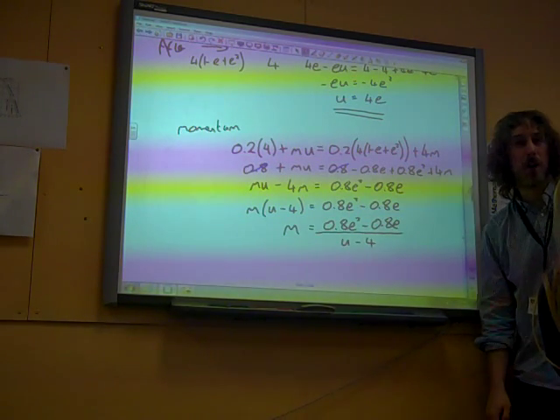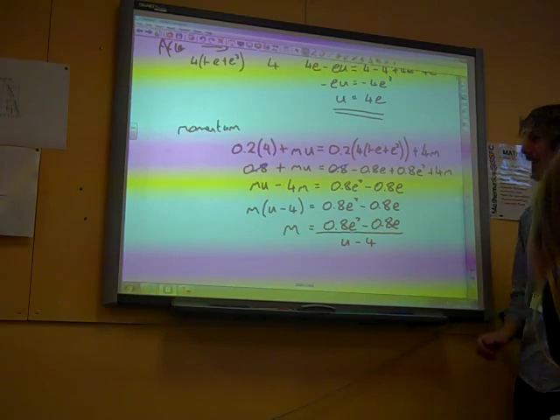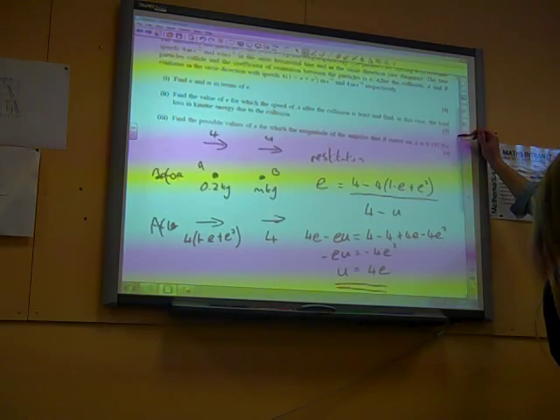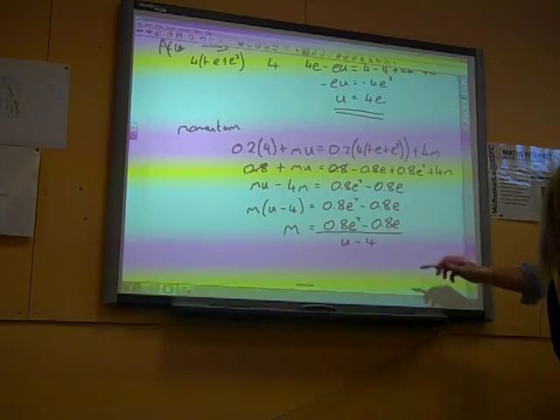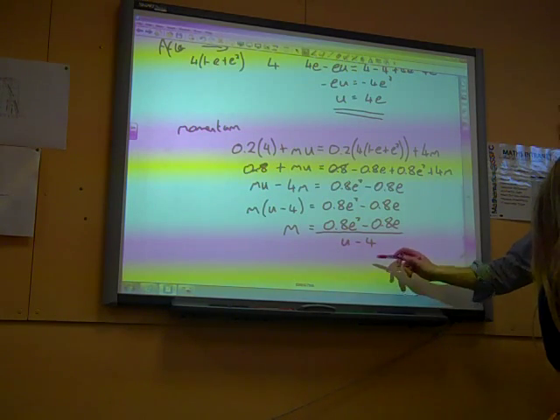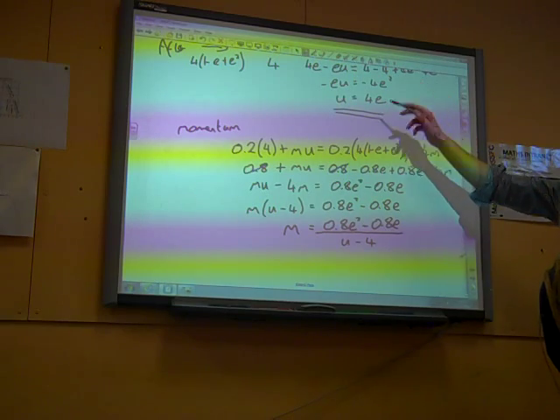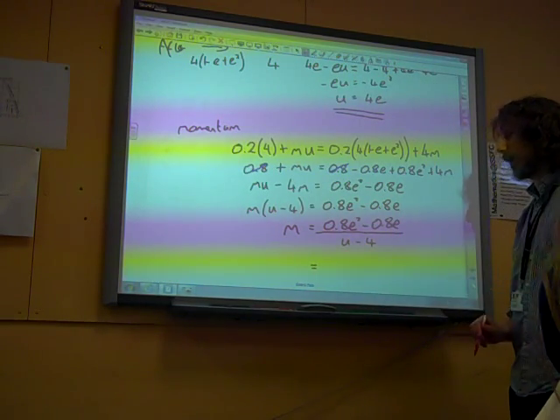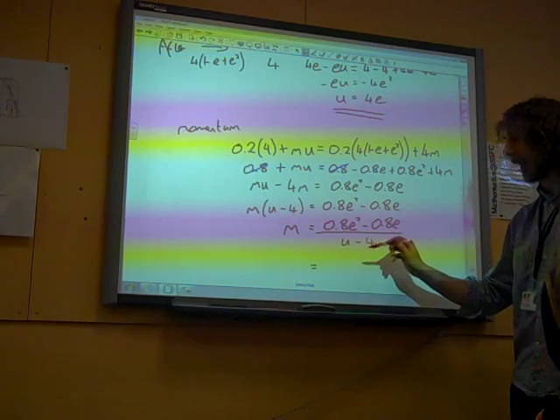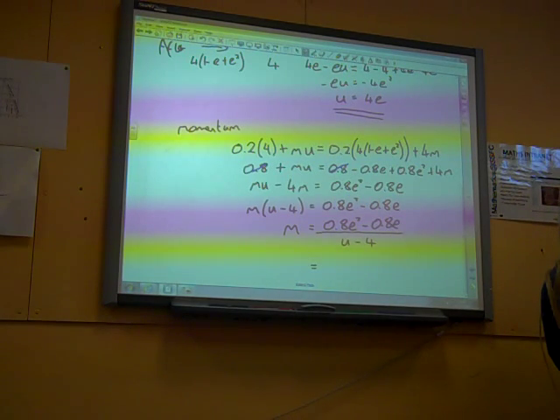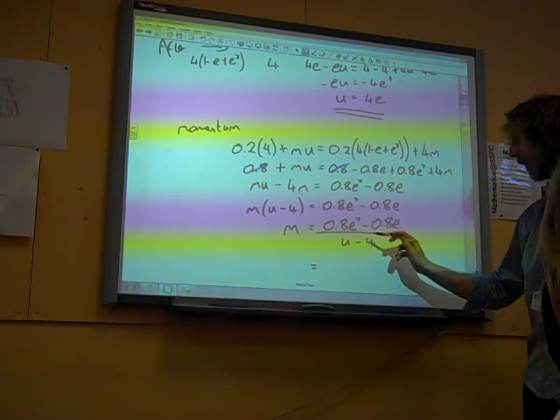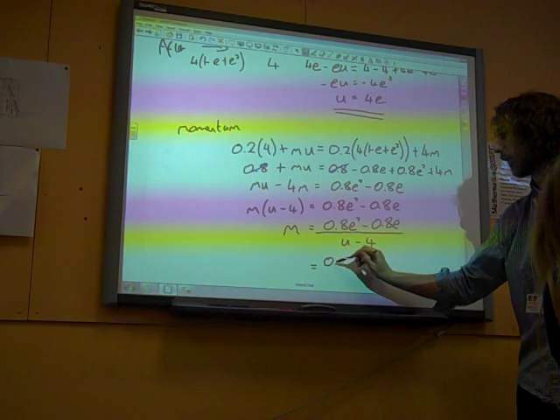Now a few people got that far, but that's still not there. It said find m in terms of e, and that's not in terms of e. Oh, but hang on, u equals 4e. I already knew that. So if I replace u with 4e, and let's see if we can factorise this and see what happens if we work on that.